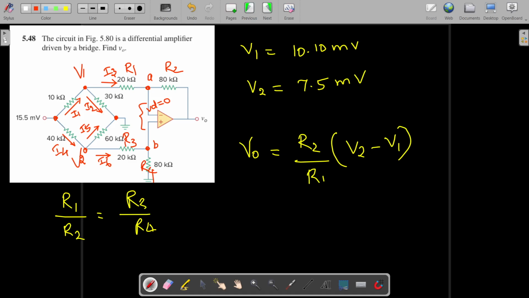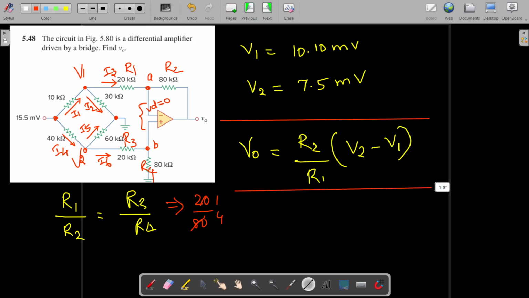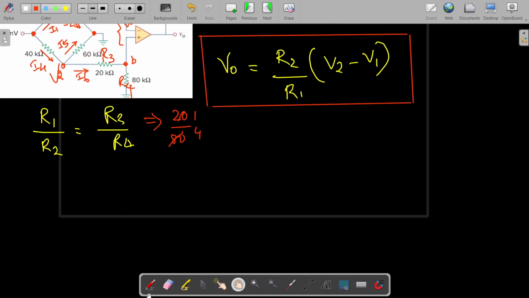We very well know that this ratio is 20 divided by 80 kilo ohms, so it is 1 by 4. It is equal for both cases, so it simplifies to V0 equal to R2/R1 into (V2 − V1). Very simple equation. We can substitute the values and find the answer.